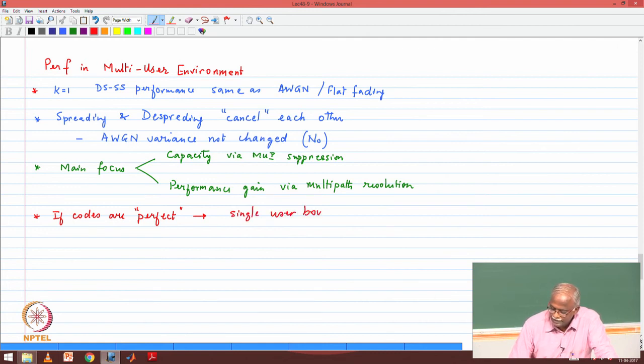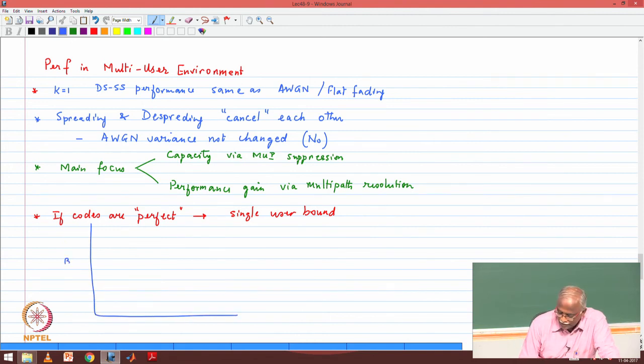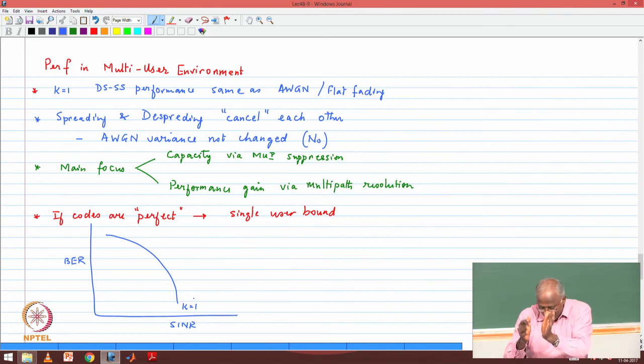What that means is because the codes are perfect, what I will achieve looks like a single user. The performance of other users is not visible at all. BER versus SINR, I will get the performance of a single user. It will look like k equal to 1, though k is not equal to 1. This is the BER that you will get.